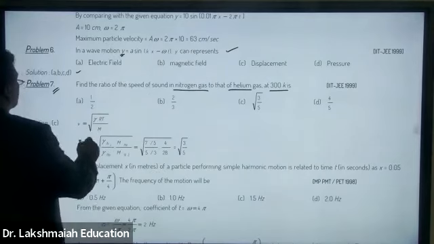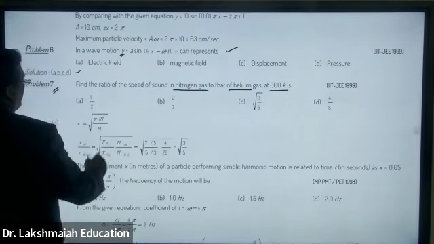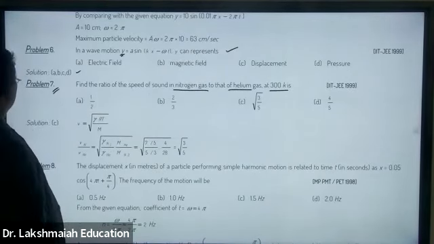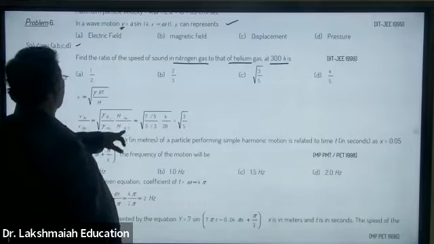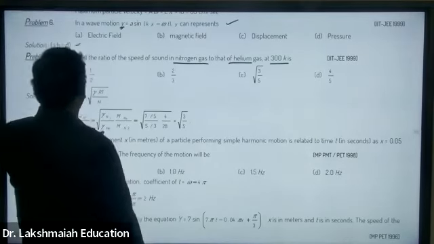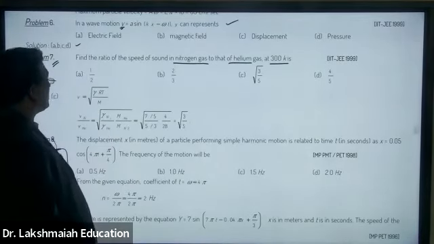The velocity of sound v is equal to root over gamma RT by M. Is it correct, Pawan? Yes, sir. Gamma nitrogen by gamma helium into mass of helium by mass of nitrogen. What is gamma? Is nitrogen diatomic or monoatomic?